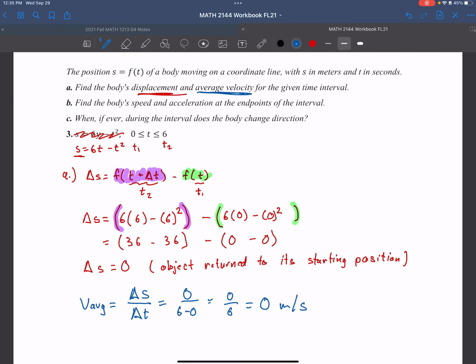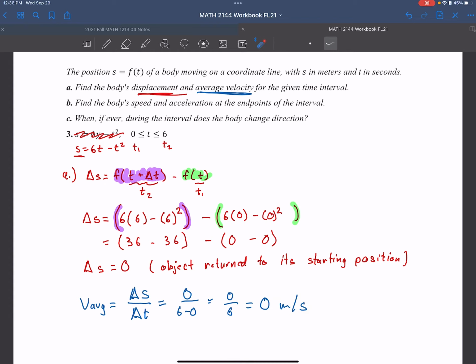Does this make sense? Well, it's not telling us a whole lot of information. We just know that on average, if it went some distance forward, it went some distance backwards, and basically everything canceled itself out. So this isn't really helping us describe the actual motion of the object.